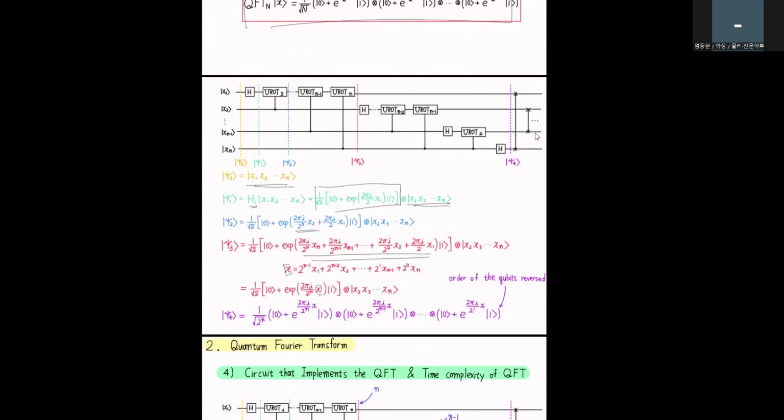And then we do the exact same thing for the x2 qubit, except we reduce the number of controlled rotation gates by 1.